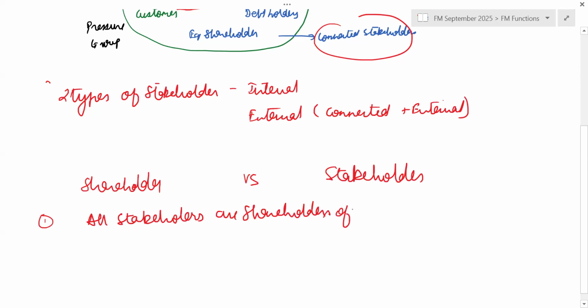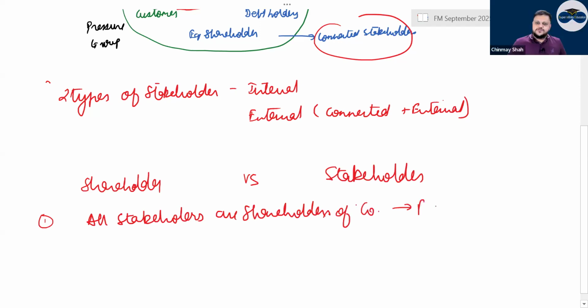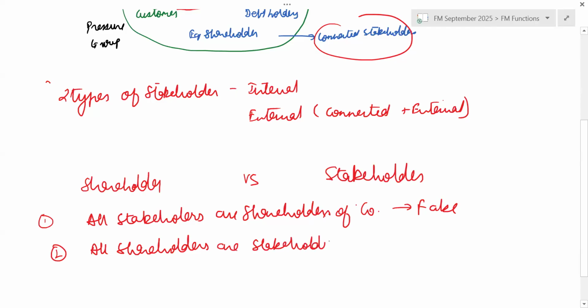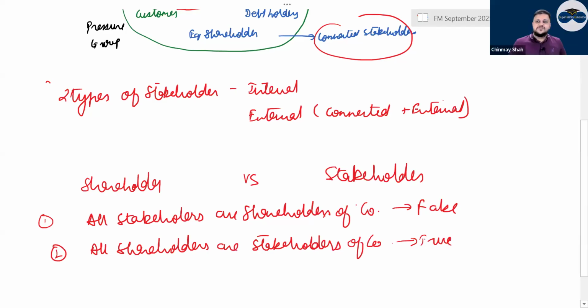False. But second, all shareholders are stakeholders of the company. True. So stakeholder is a superset, correct? And shareholders are a subset of that superset.